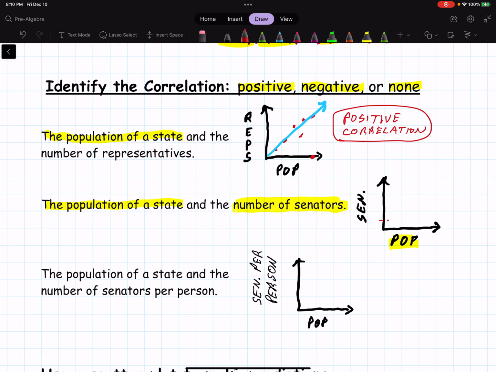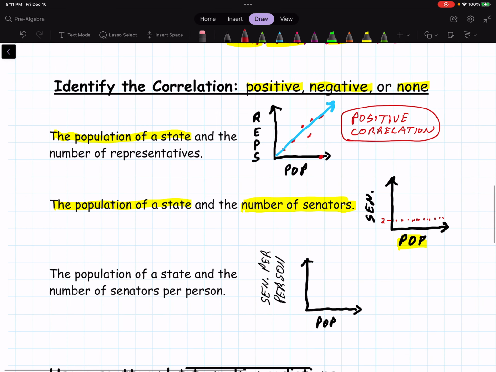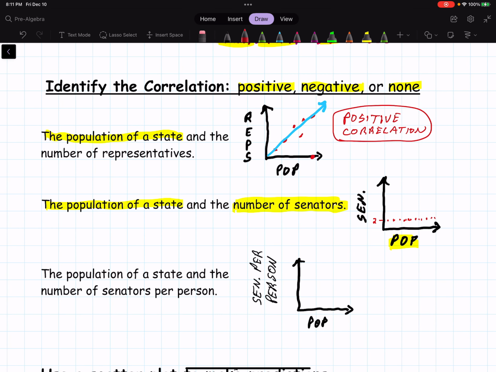So if this was the line for 2, no matter what population I have, all my points are going to be along this line. Okay? And that's a flat line. And when you have a flat line, you can't say one goes up and one goes down, or you can't say they both go up, because the second line doesn't go up. When they're always 2, that's not moving at all. So you have to say, in this case, that we have no correlation.